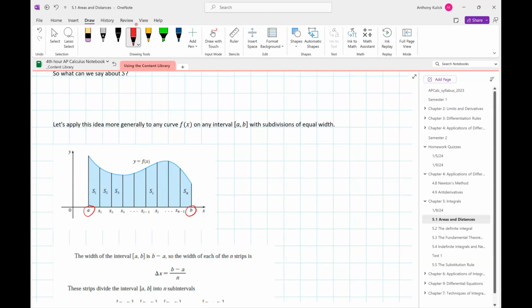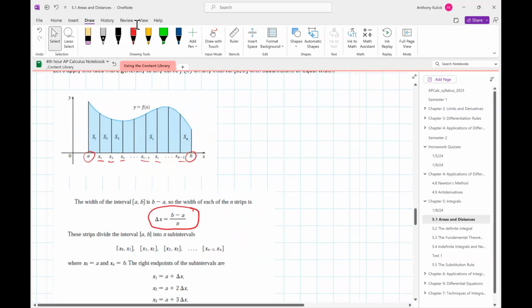So to do that, we're going to take the distance from a to b and divide it by n. We're going to call that distance delta x. So this formula you're going to use every single time. Everybody's okay with that?